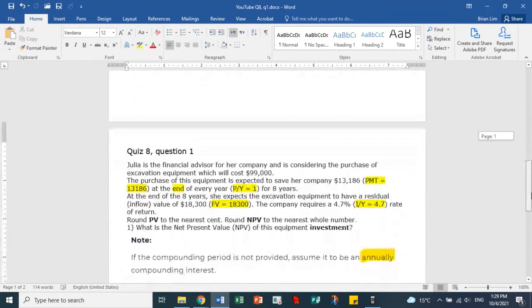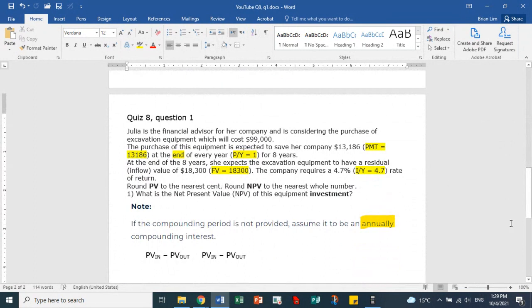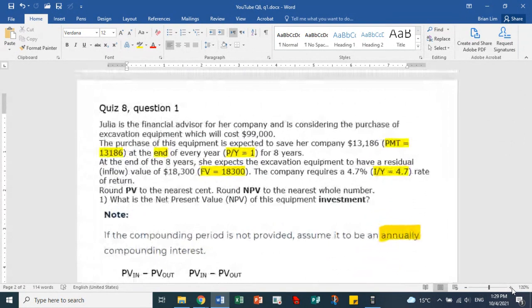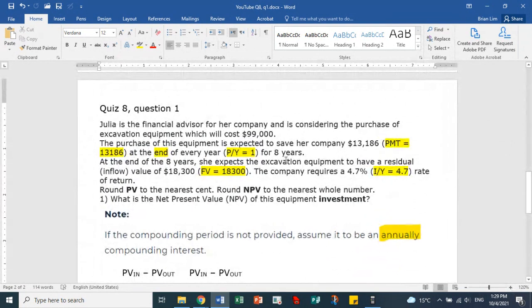All right, so what I did, I copied the question 1. Let's make it a bit larger so we can see it better. And here I identify the quantities that we're quite familiar with. Okay, the company is considering purchasing this equipment for $99,000. Now they are expecting, they haven't bought it yet, they're expecting that it would save them $13,186 at the end of every year for 8 years.